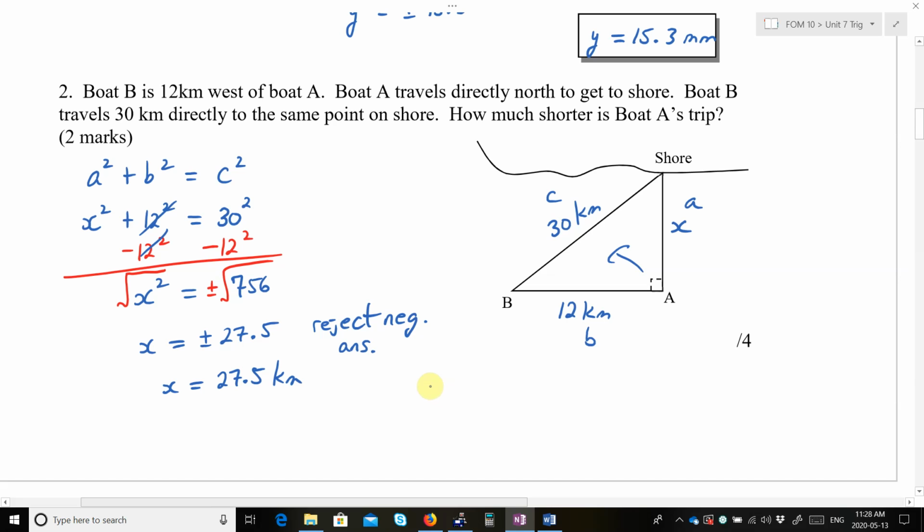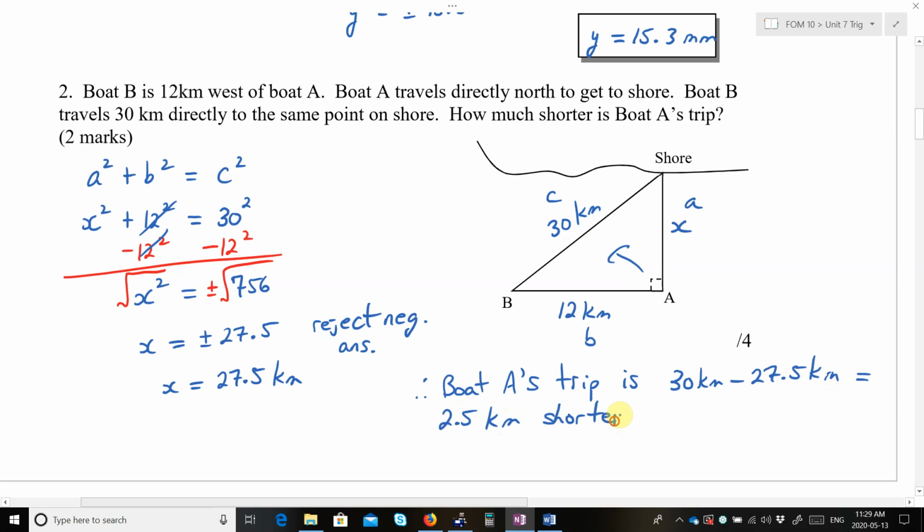And then we can say, therefore, boat A's trip is 30 kilometers minus 27.5 kilometers, which is equal to 2.5 kilometers shorter. Okay, so there's that extra little step. How much shorter is boat A's trip? Okay, 2.5 kilometers shorter.